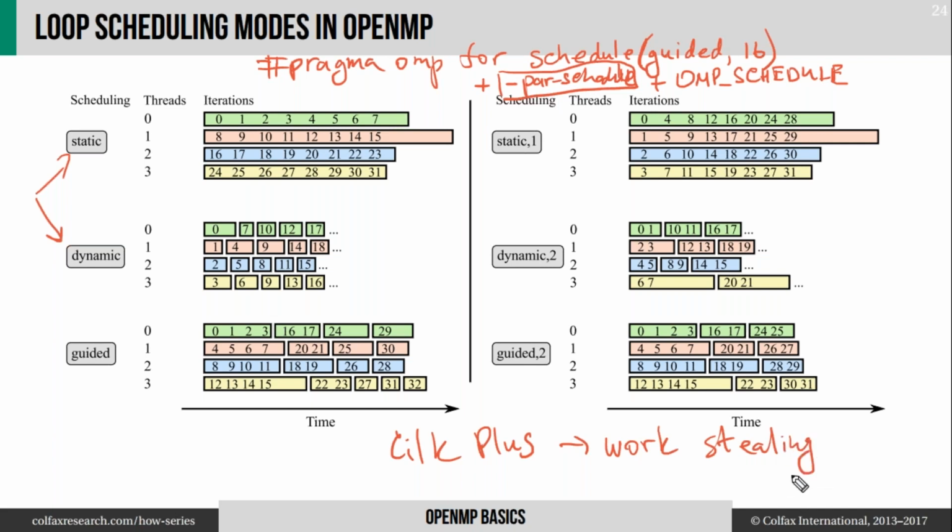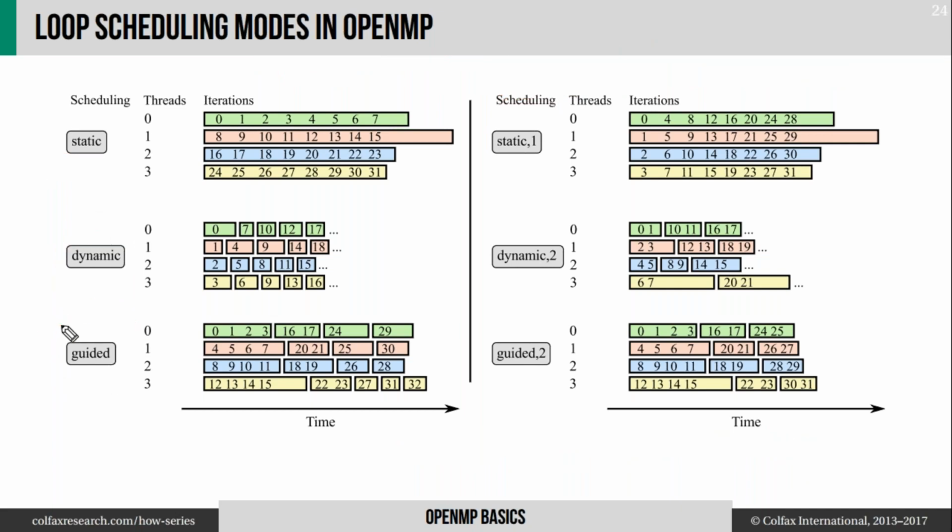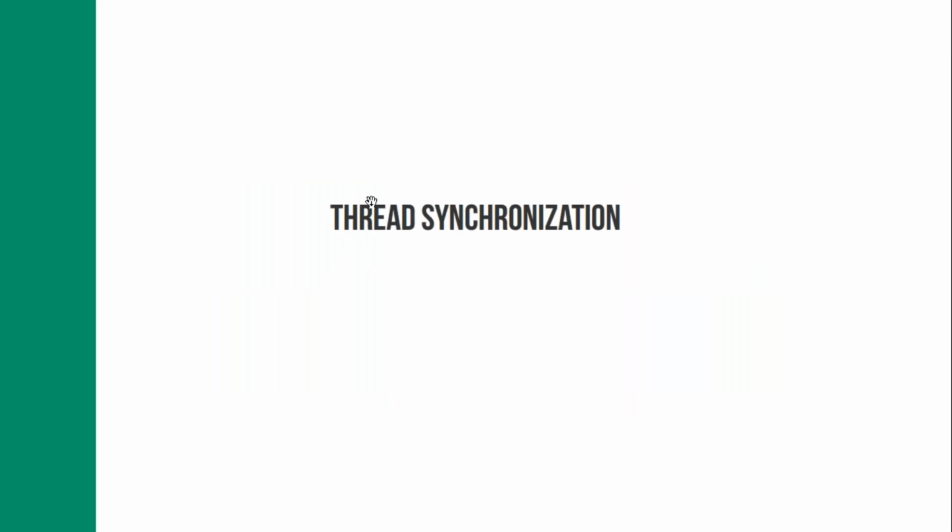Work stealing is a collective load balancing mode where workers of Cilk Plus ask each other for work until all the work is done. Because this is collective scheduling, it is potentially more scalable than dynamic or guided scheduling, which is centralized. At any rate, this is loop scheduling in OpenMP.